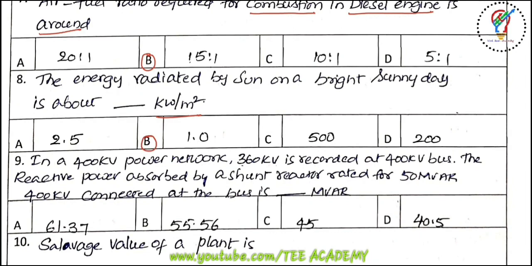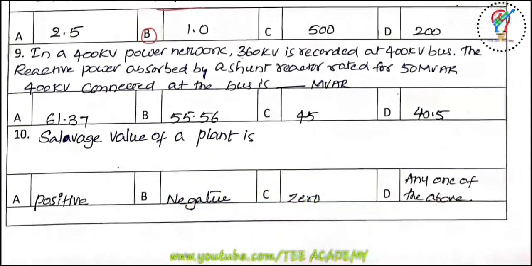Next one, there is a numerical problem. In a 400 kilovolts power network, 360 kV is recorded at the 400 kV bus. The reactive power absorbed by a shunt reactor rated for 500 MVAR, 400 kV connected at the bus, is dash MVAR.